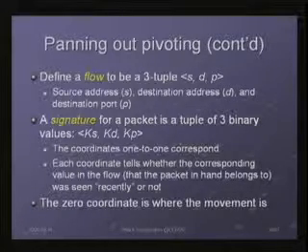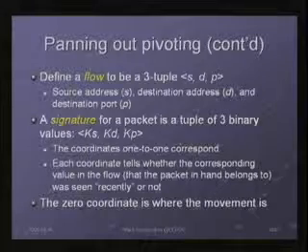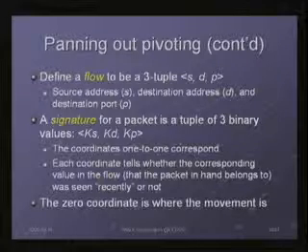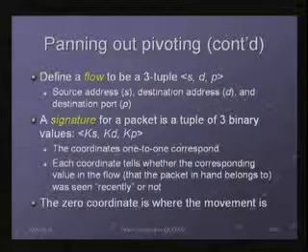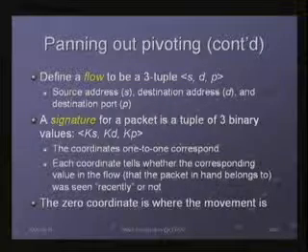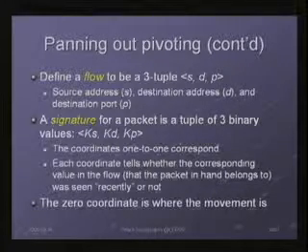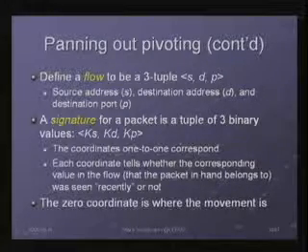If you saw a particular destination IP address recently, then you generate 1. If you don't remember seeing that value, then you generate 0. And the question is, how recent is recent? We'll talk about that later on. But basically, if you see a 0 in a packet's signature, that's where the movement is. You want to catch the movement, because if dots move, that draws a line, that draws a rectangle, and so on.